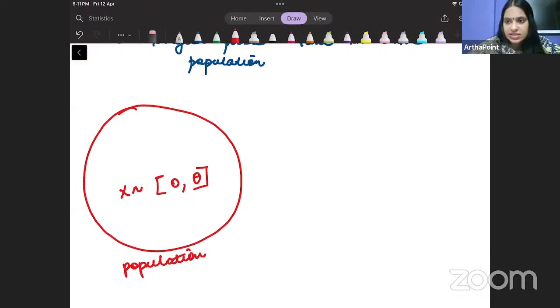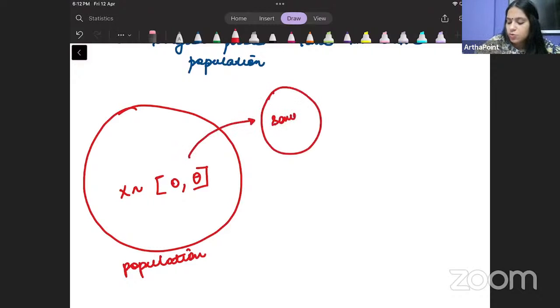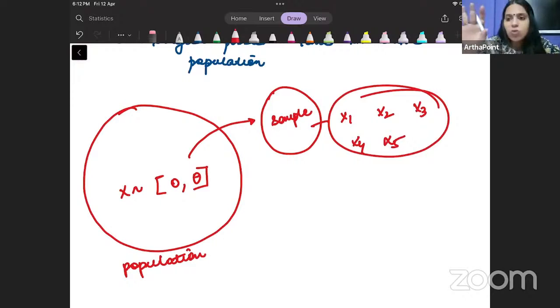They cannot exceed theta, that's the upper limit, and they cannot go below zero, that's the lower limit. I go ahead and collect a sample from this population. In the sample I have some observations, say x1, x2, x3, x4, x5.